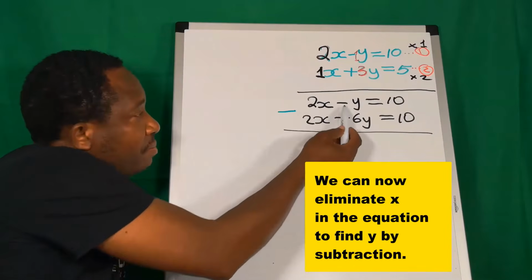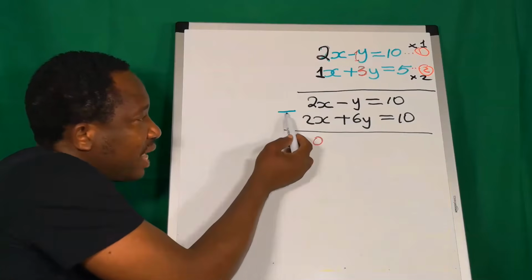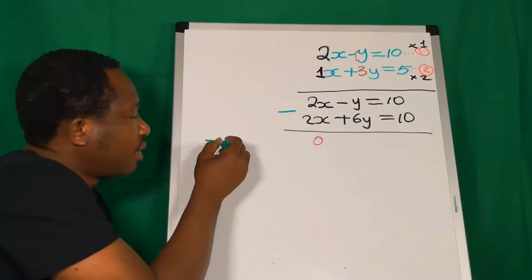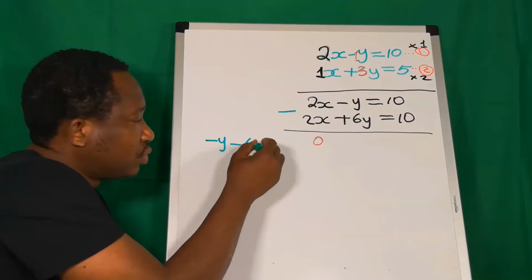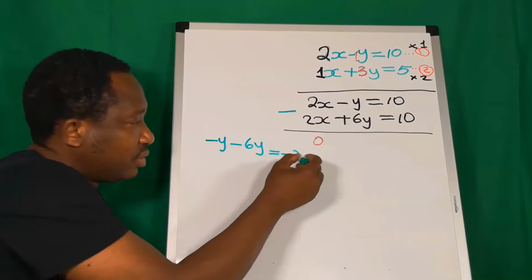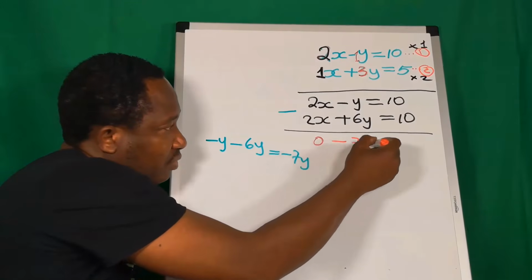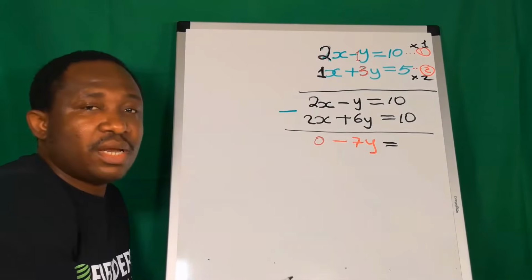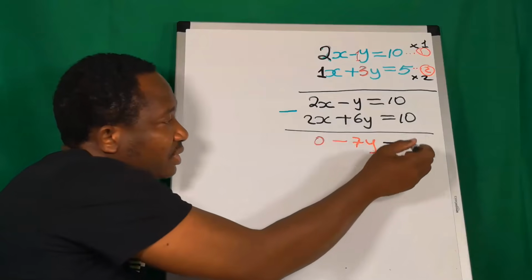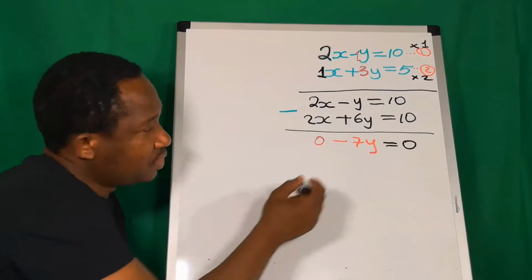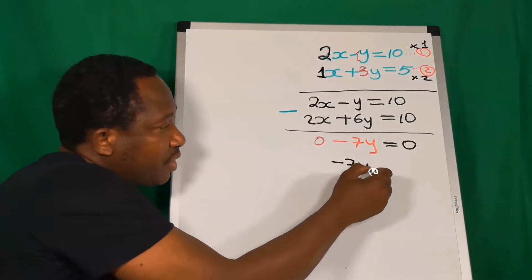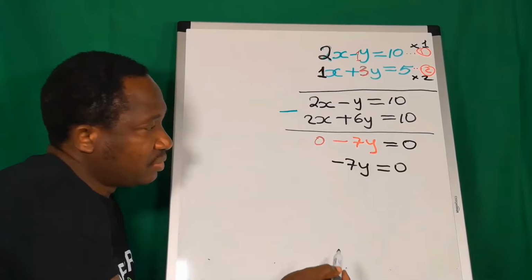Next, minus y minus 6y. You're going to have minus 7y. Next, 10 minus 10 is 0. So you're going to have minus 7y is 0.